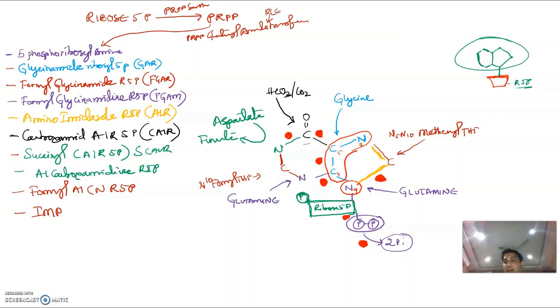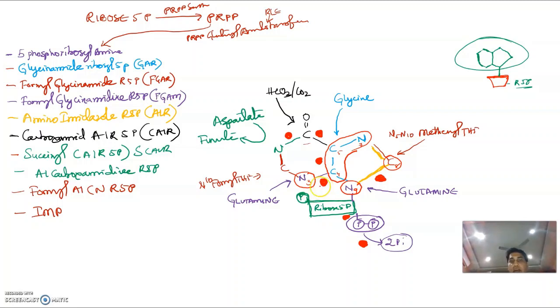After that, formyl transferase will give C8 from folic acid. After that what happens? Another glutamine, the N3 amino group comes from the other glutamine. This step also requires energy.